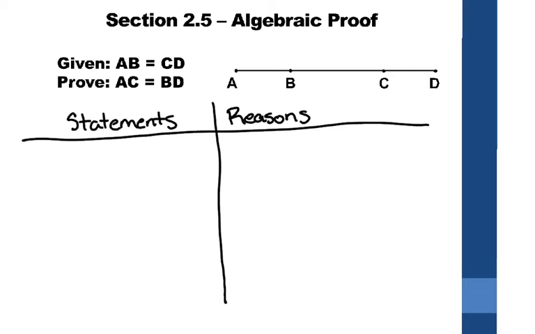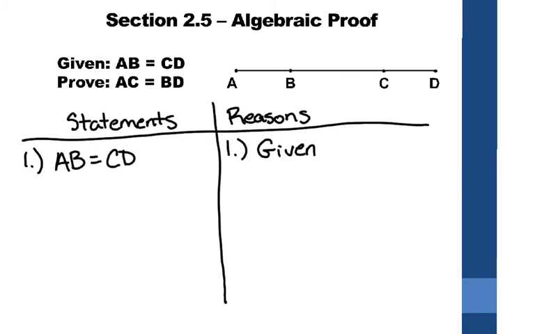Okay, our first statement, as always, is our given information. So write AB equals CD. Oops, not 2. Put a 1 here. And then we say given.